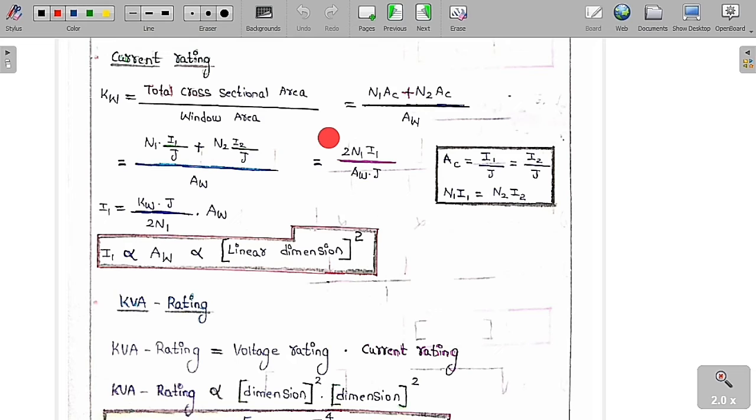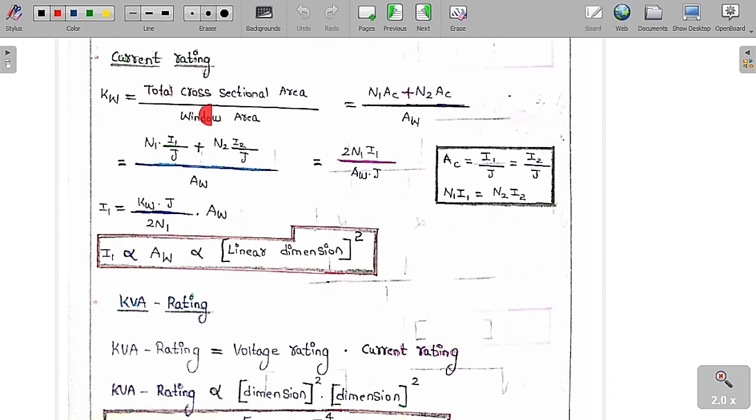KW tells you how much space we are using out of the total window area AW, that is, how much of the window area is used by the winding.